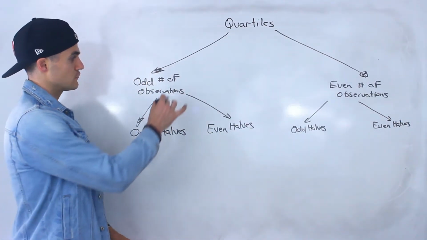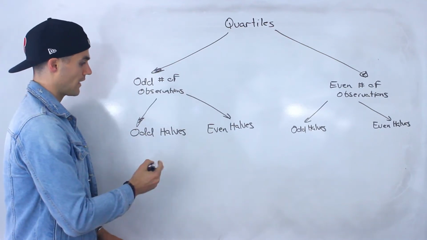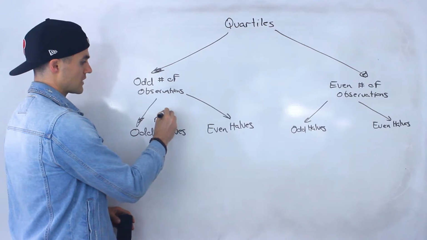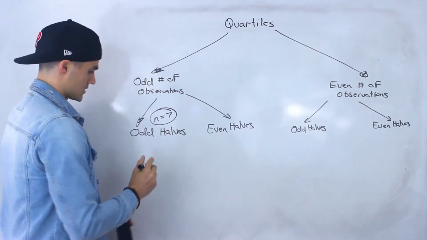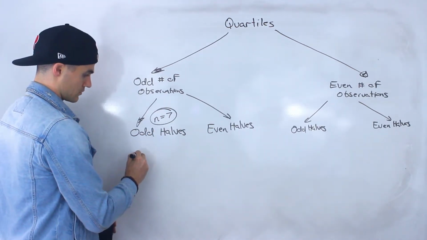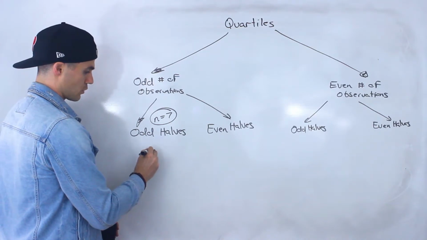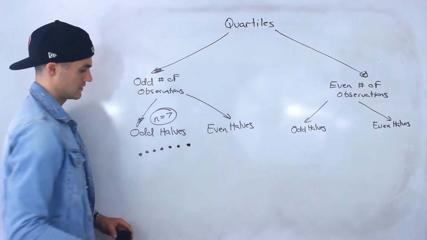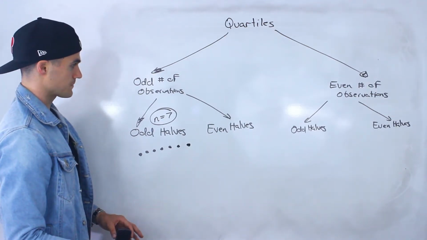So the first case, if we have an odd number of observations and odd halves, an example of this is if the number of observations is 7. So let me show you. 1, 2, 3, 4, 5, 6, 7. 7 observations.